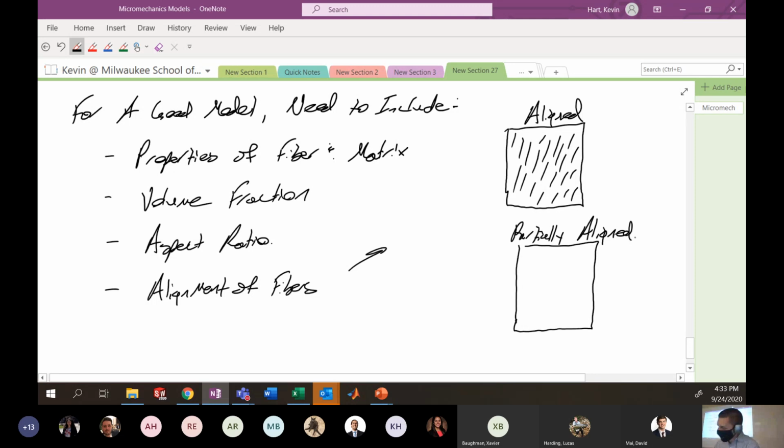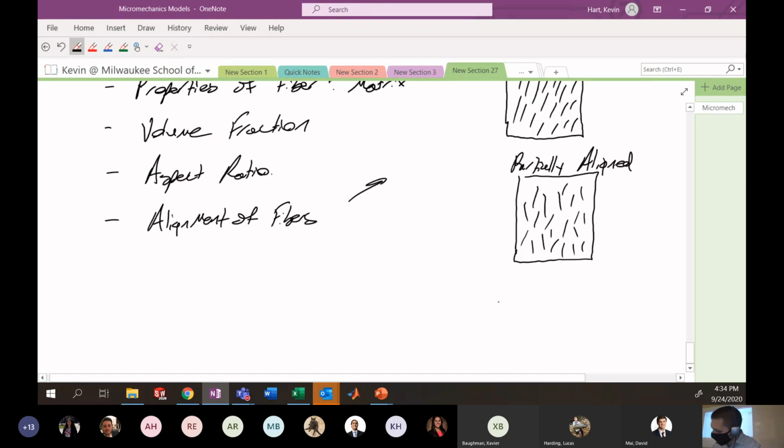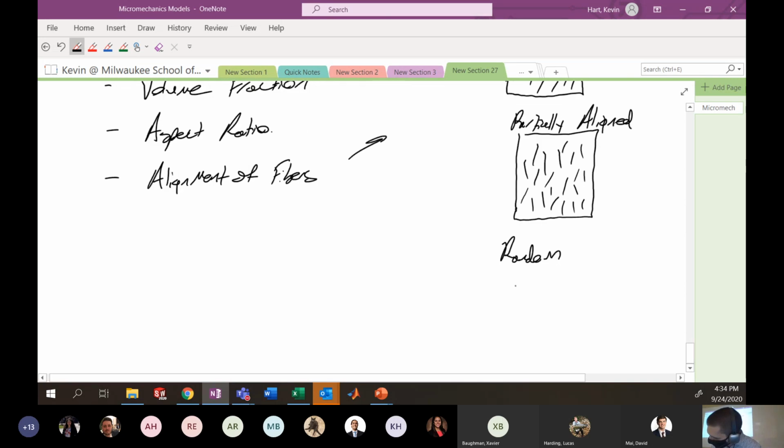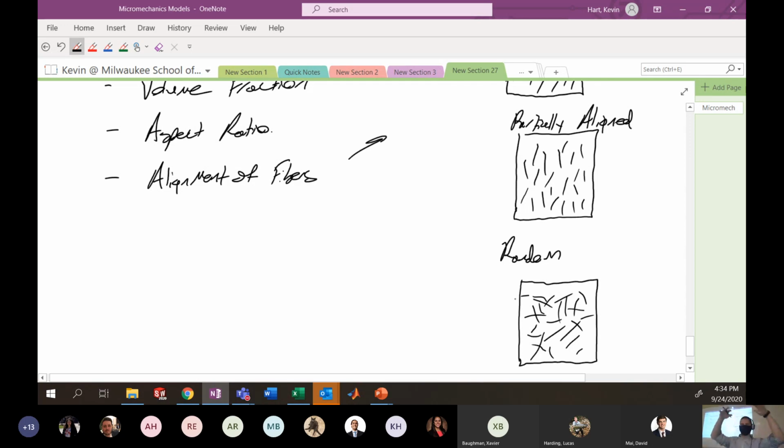So this is partially aligned, where they're aligned in a bit of a direction, but there's a little bit of randomness to it. Those fibers are trying to be up and down, but not quite. Or you could have completely random, which frankly is ridiculous. You get the idea. Random nonsense.